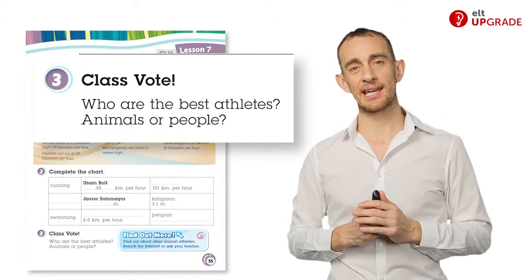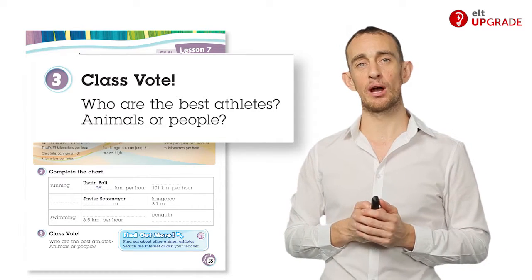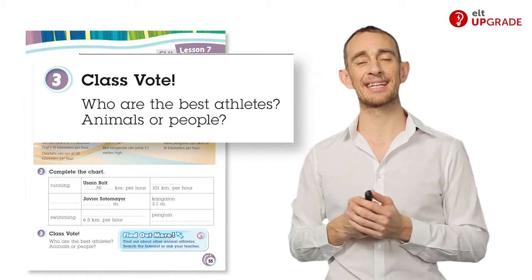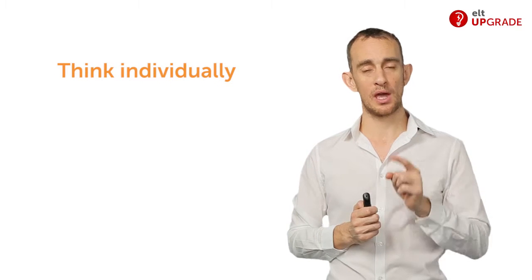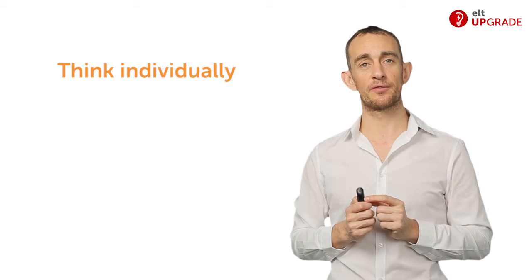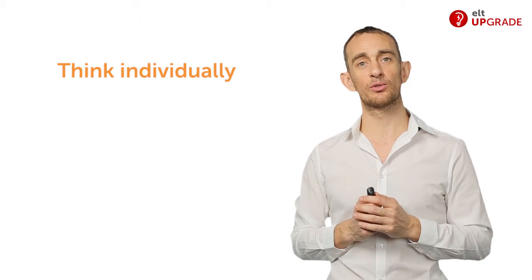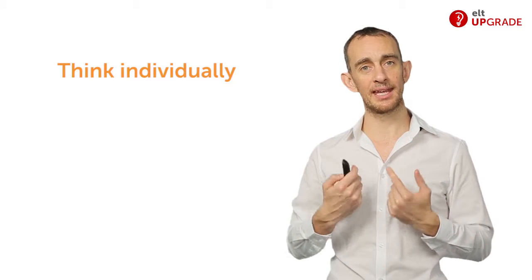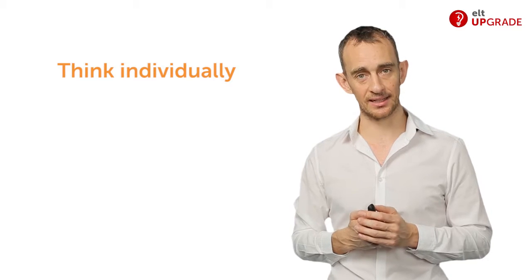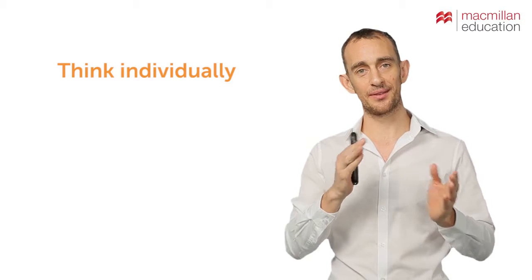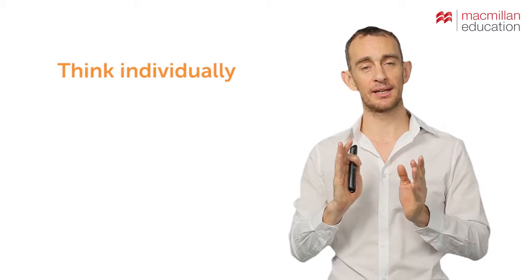And a few ideas here about how you might approach the class vote activity. So firstly, you could get the students to think individually first. Always a good skill to develop, just develop their individual thinking skills about which one they think are better athletes.